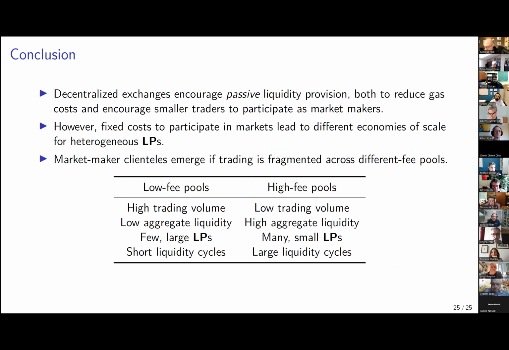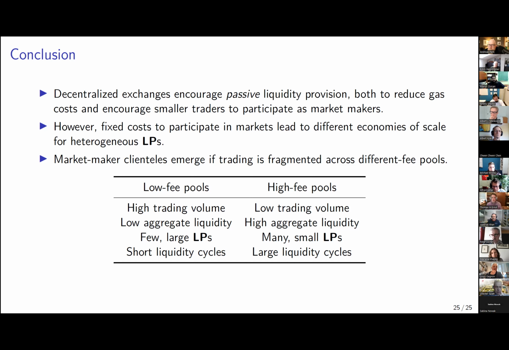So let me conclude. One of the promises of decentralized exchanges is that it allows passive liquidity provision, right? In the same way that ETFs allow passive investment to small traders. So it will democratize liquidity provision. This was done by design to save on gas costs, because interacting with a blockchain-based exchange is expensive.